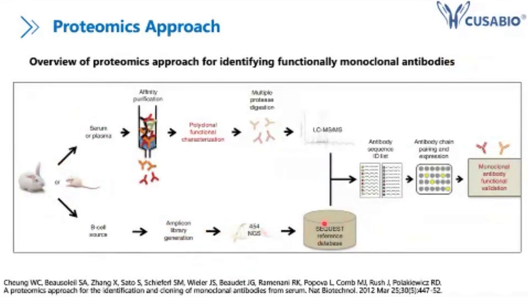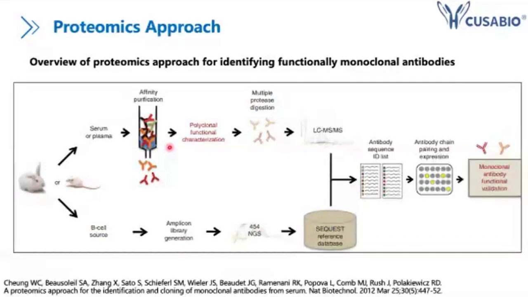Meanwhile, you also have the functionally different polyclonal antibodies from the immunized mice, and you use mass spec to get the information. Then, based on the reference database and the mass spec result, the sequence can be identified and synthesized. And after cloning and expression, you will get the target one. This proteomics approach is expensive, and you largely rely on the mass spec technique.